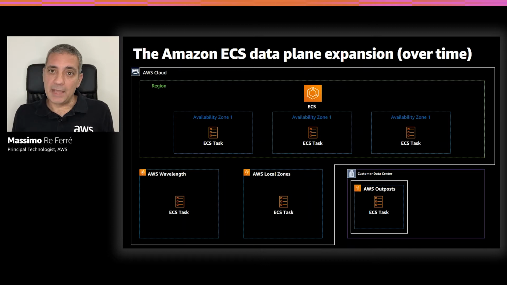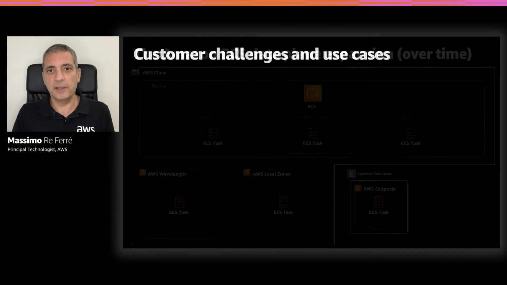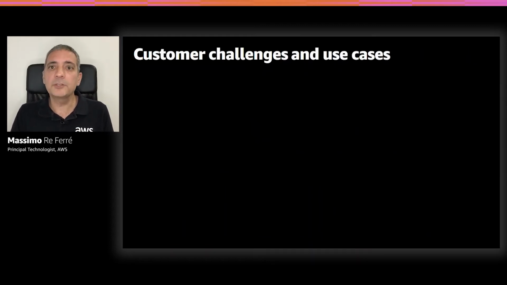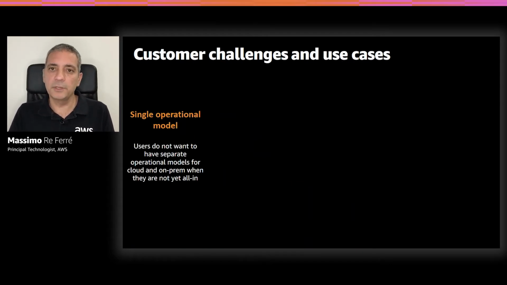Customers have been asking us even more. Customers came to us with additional challenges and additional features that they would like to have from ECS. The very first thing that was clear for these customers is that they wanted a single operational model regardless of where they were deploying their workloads.